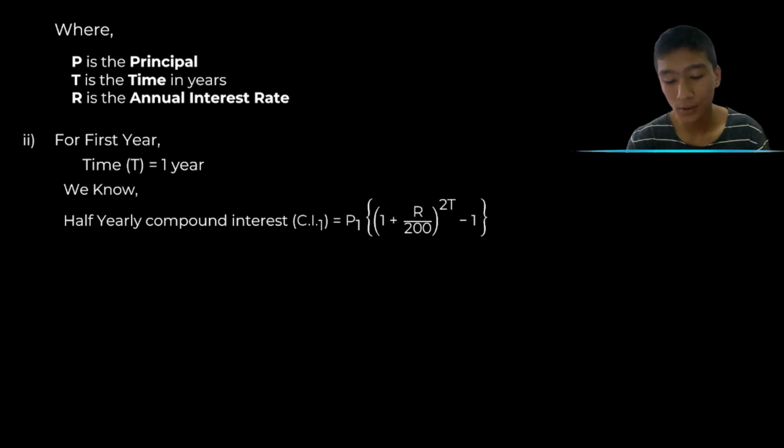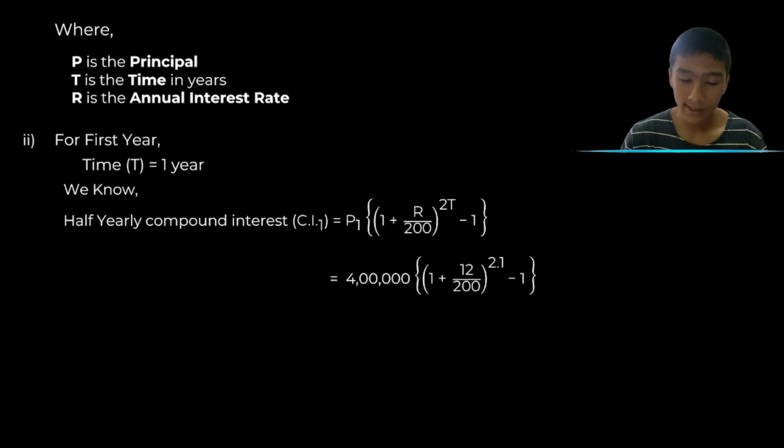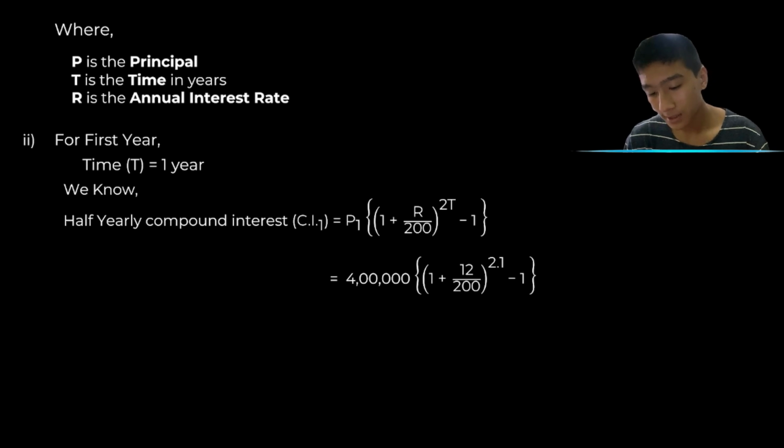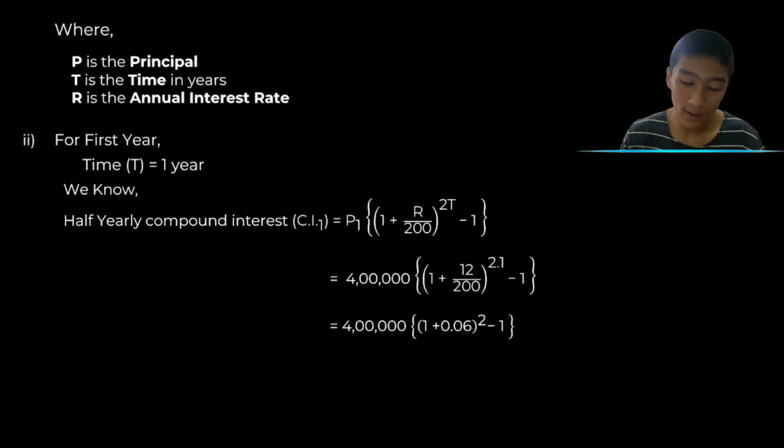Let's insert the values right here. 4 lakhs, which is the principal, times (1 plus 12 by 200), 2t, where the time is 1, so 2 into 1 is equal to 2, minus 1. 4 lakhs times (1 plus 0.06) to the power 2.